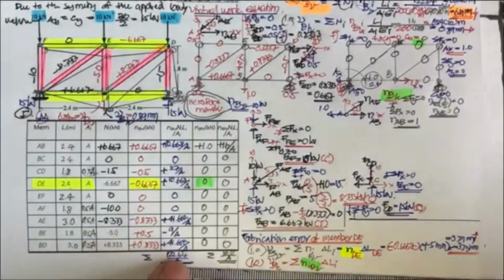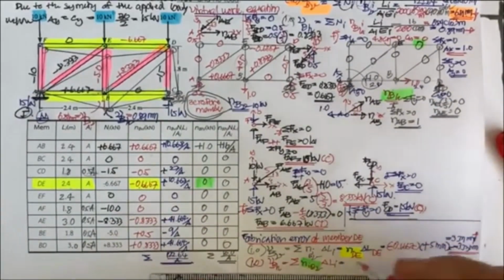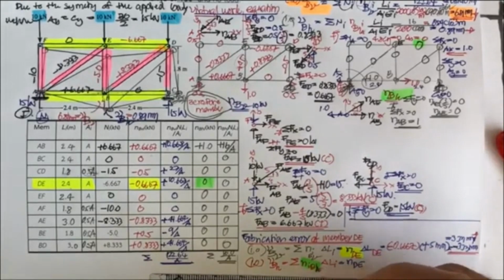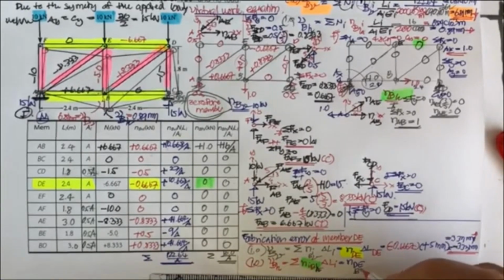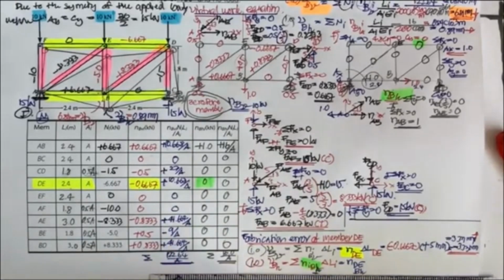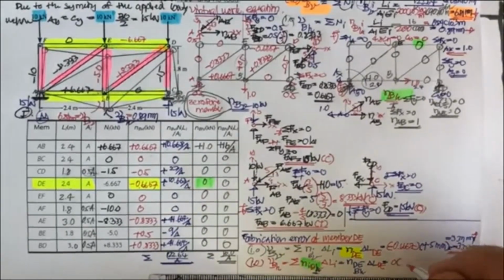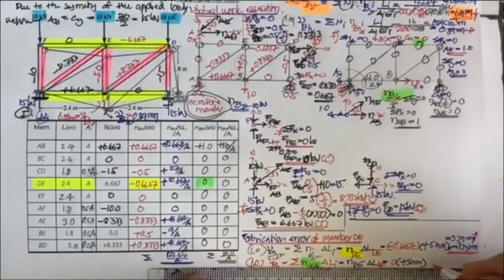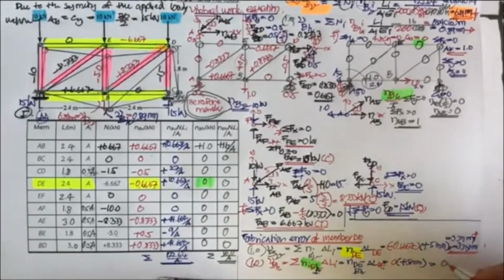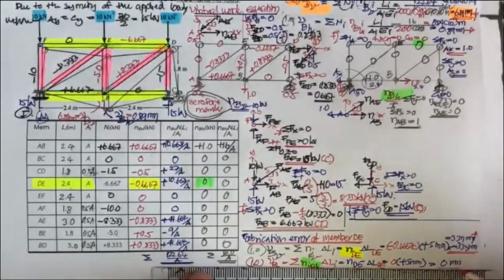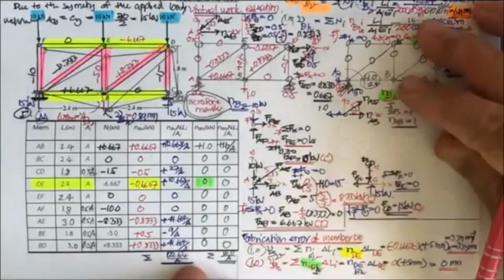So this is going to be equal to n sub DE, the force due to BH, this is BH, times delta L DE, and it's going to be equal to 0 times plus 5 millimeter, and the answer is going to be equal to 0 millimeter. There is no displacement here.